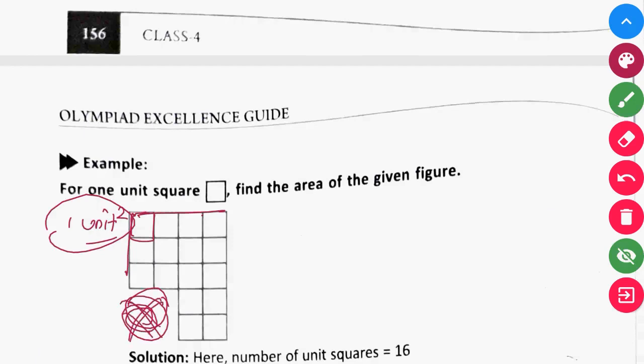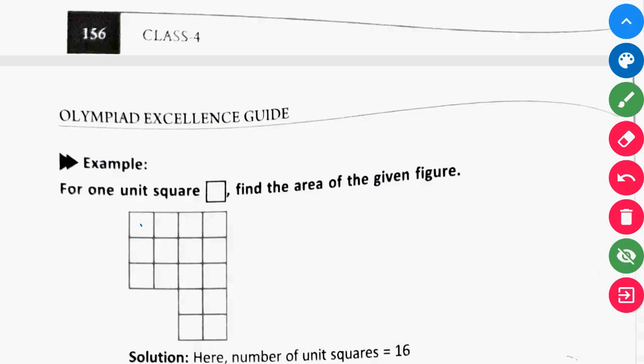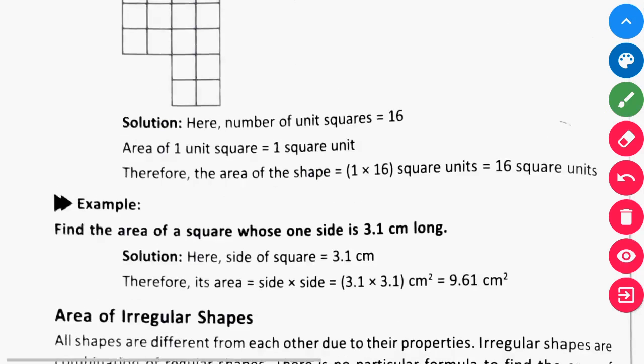Here there are no full boxes. So here you have to count each and every box. 1, 2, 3, 4, 5, 6, 7, 8, 9, 10, 11, 12, 13, 14, 15, 16. 16 boxes are there. So the area is 16 unit square. Okay. Now ahead.